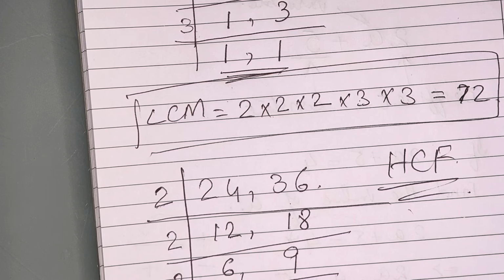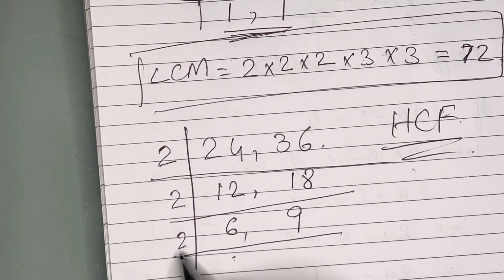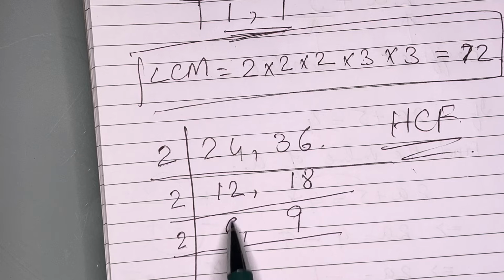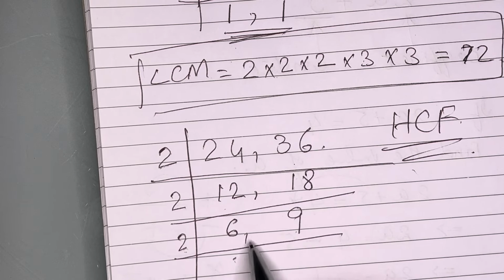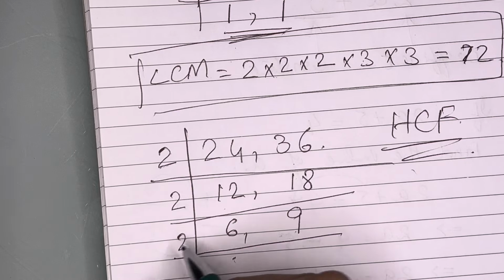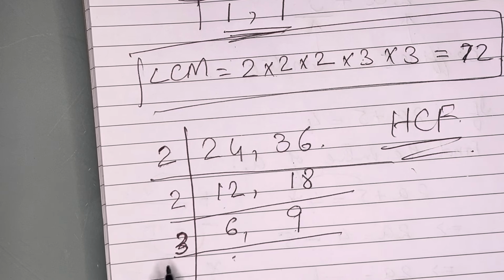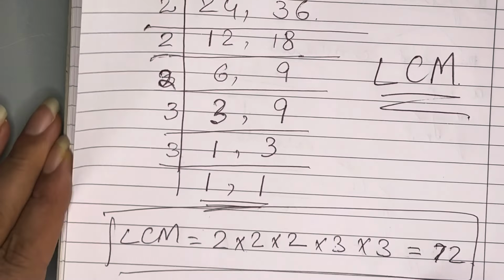Now once again, 2 3s are 6, but 9 cannot be divided by 2. Should we go for the further division? Remember, we are calculating the HCF. 9 cannot be divided by 2, so no more division by 2. We will go for 3, right?